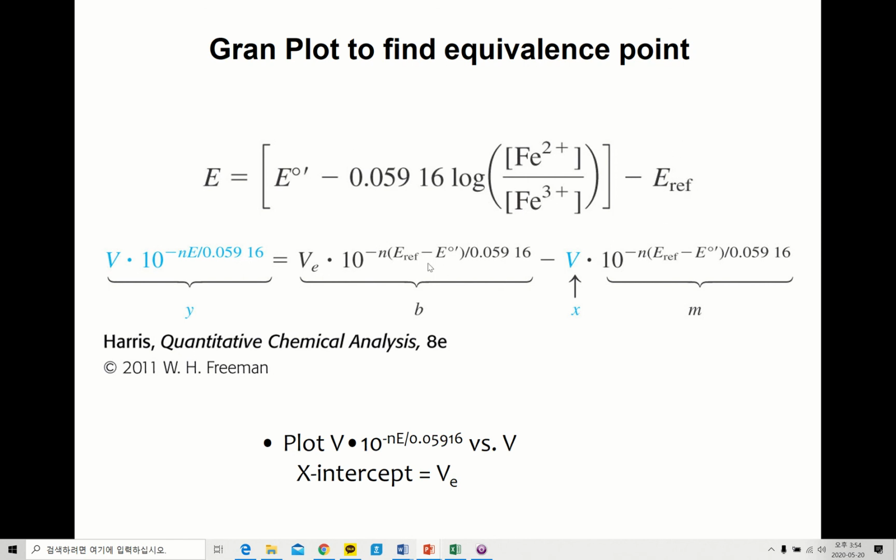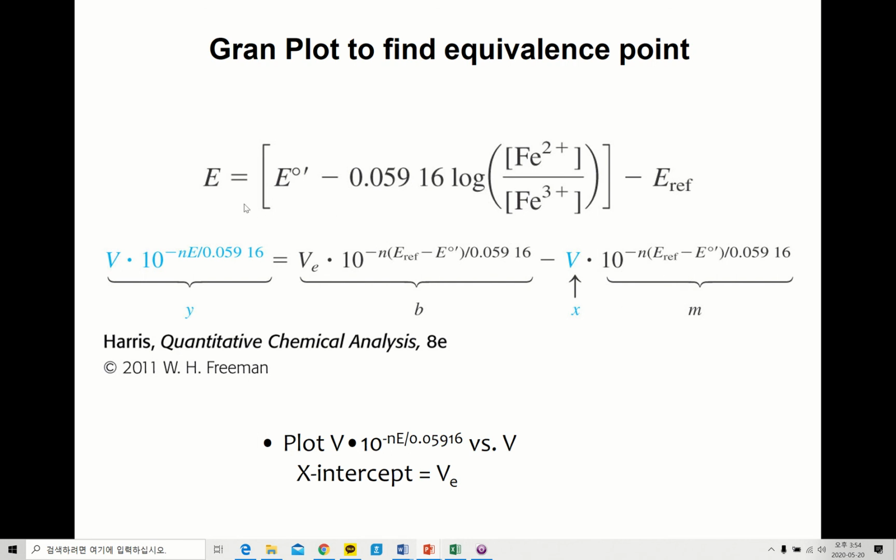Here is their Nernst equation, and after you arrange this equation, you can reach this seemingly complicated equation. But if you take a look, you will find this is not that complicated.